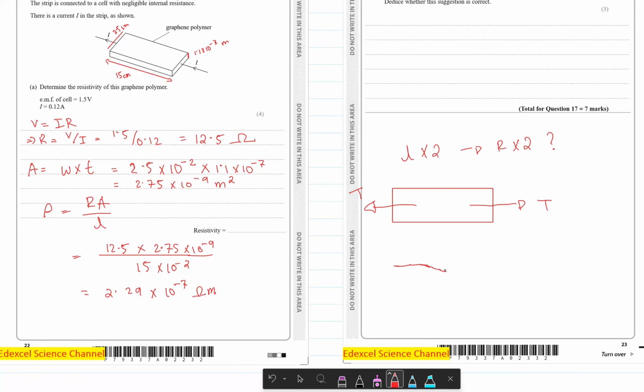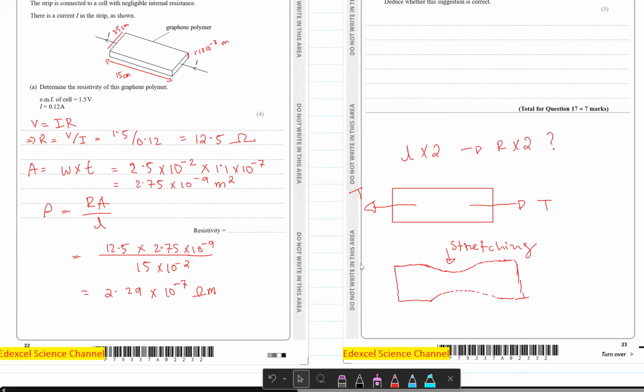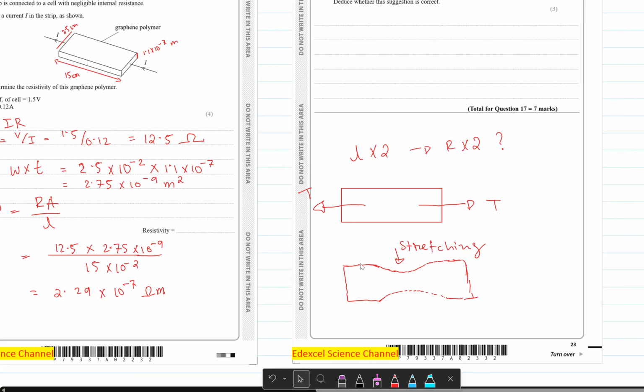Okay, this very polymer. So if you apply tension on both sides, right, what you might see is something like this. This polymer is now stretching. Okay, so this is something that is very important in this question.